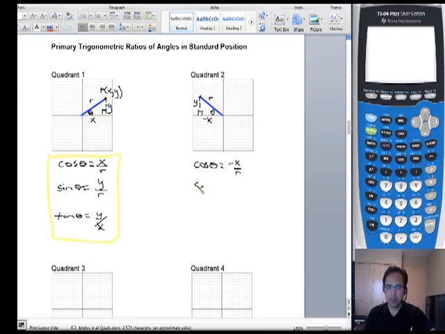Sine theta is going to be equal to positive y over r. And then tan theta is going to be equal to y over negative x. So that means that the only positive one in quadrant 2 is going to be the sine. Okay.